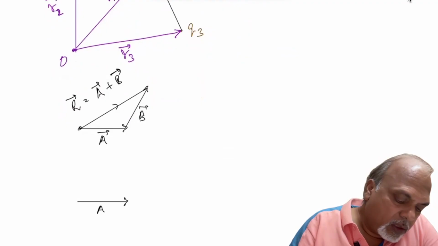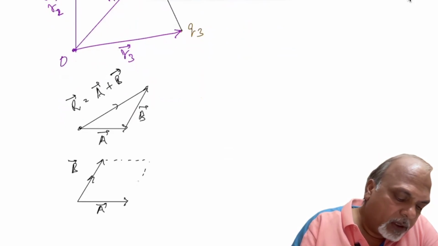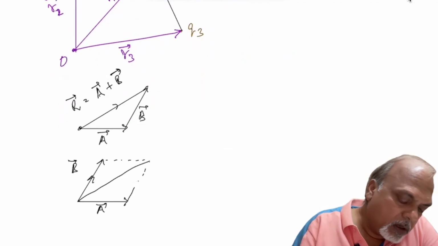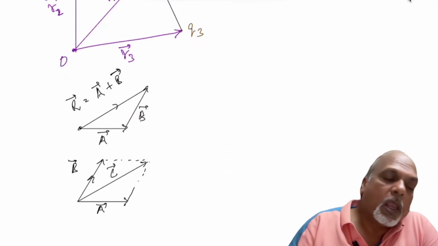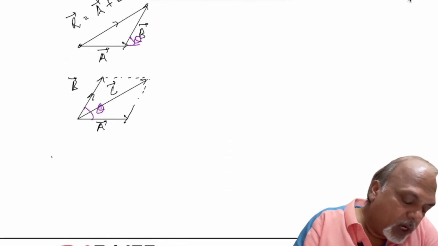You take A, this is your B, and by parallelogram method, this is your C. If vectors are inclined at theta degree, then you have seen this formula also.